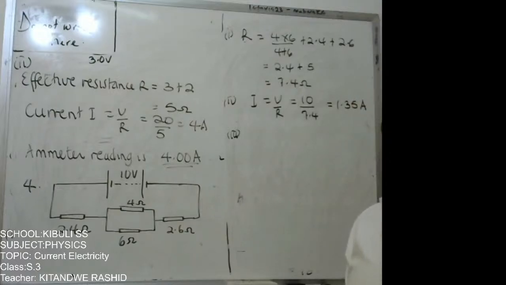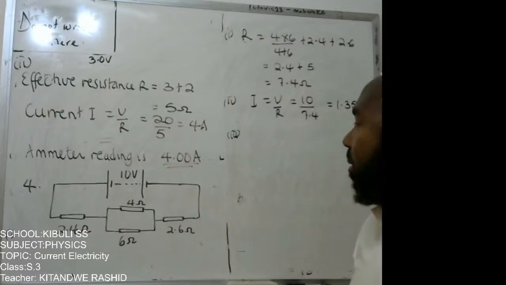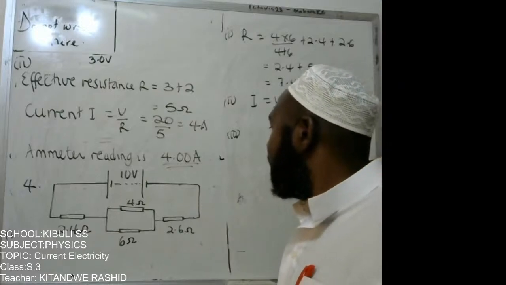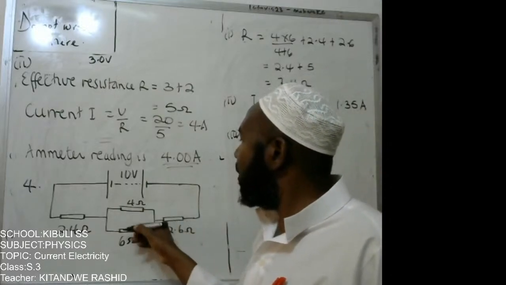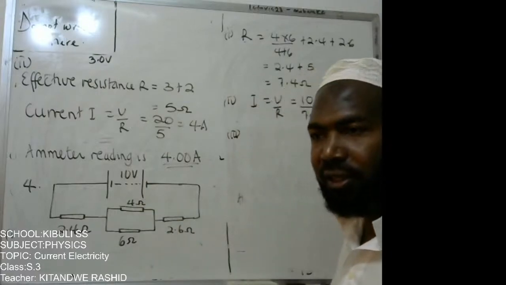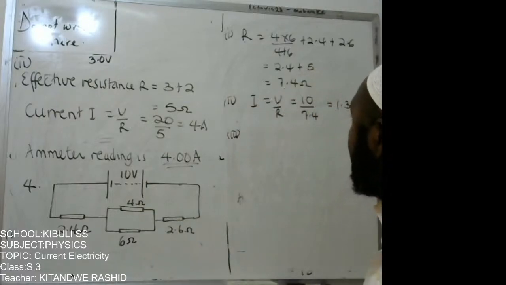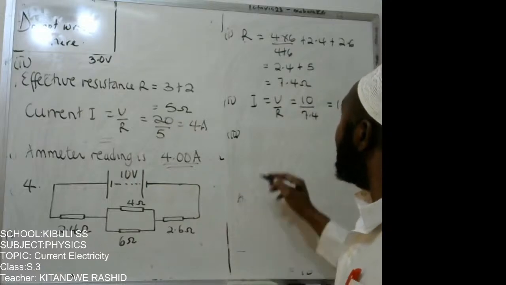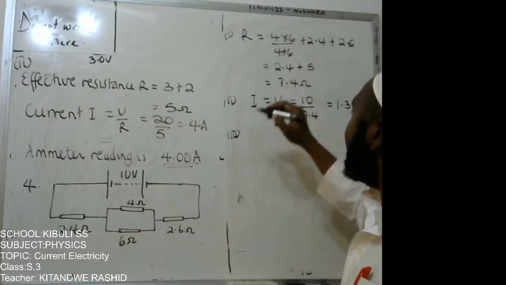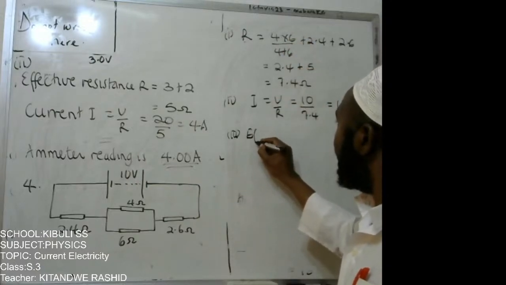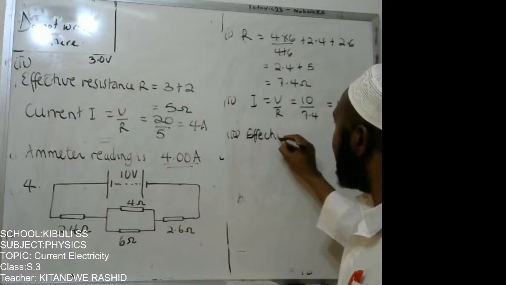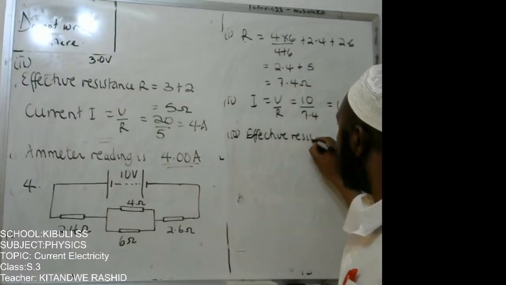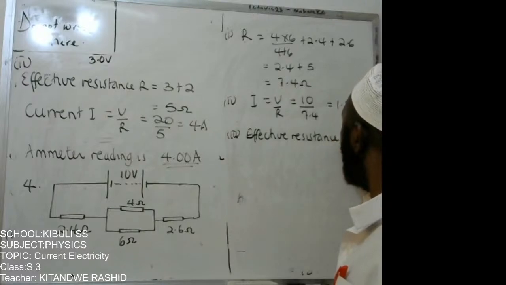But the obvious one is to get the effective resistance in the parallel setting, which, if you noted, it is actually here, 2.5. Effective resistance in the parallel setting.